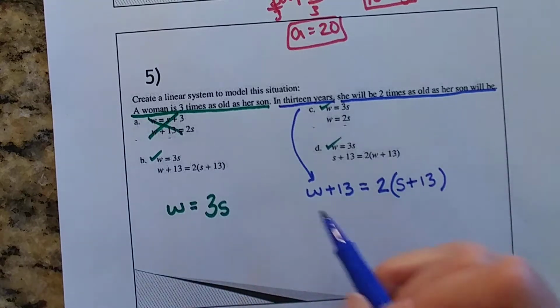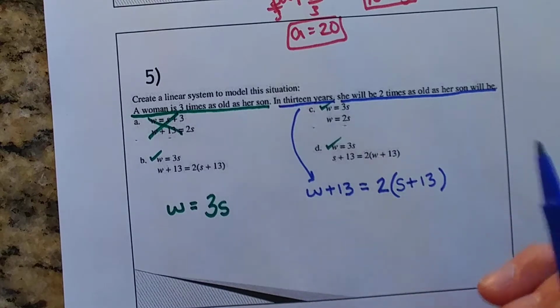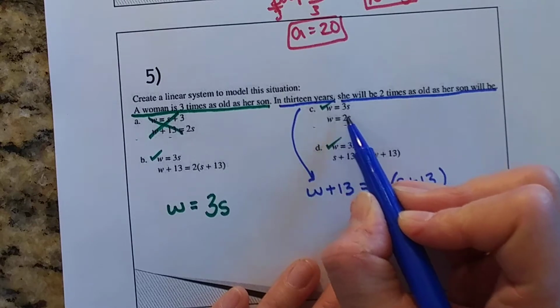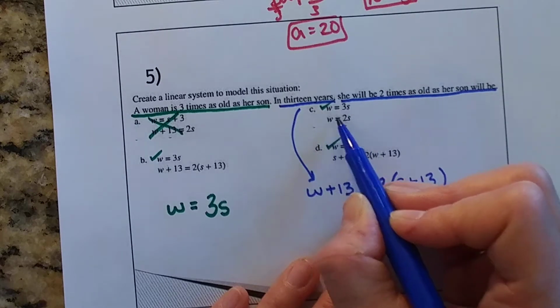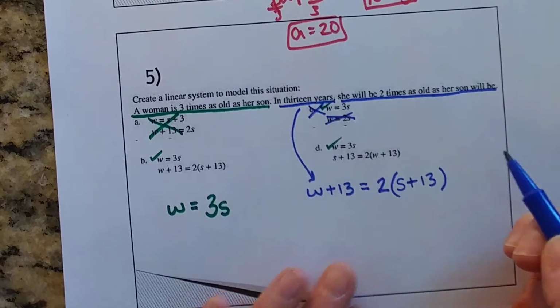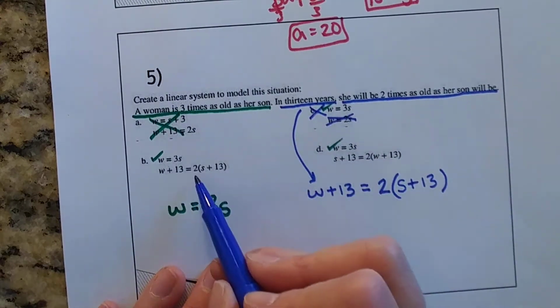Now, I know that what I'm setting up here looks complicated, but if you look at the choices, this one right here says the woman is 2 times as old as her son. That can't be. That's not what this sentence is saying. So C is out of there. It's got to be one of these two, okay?